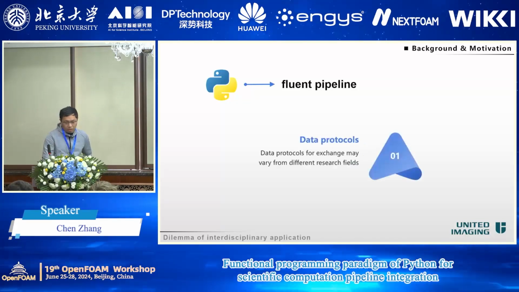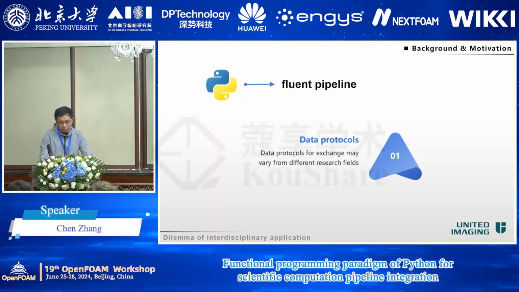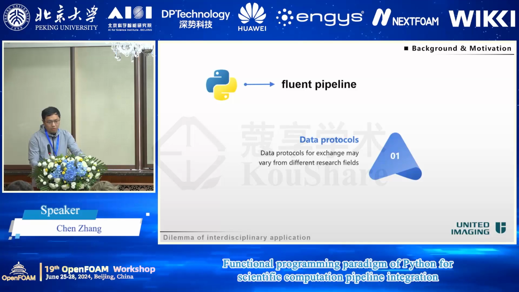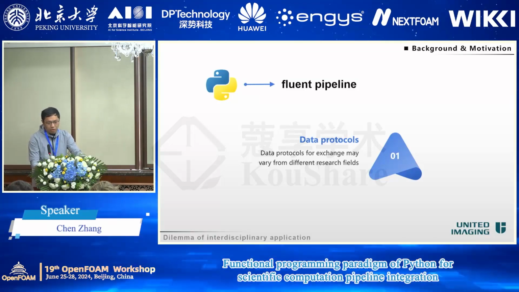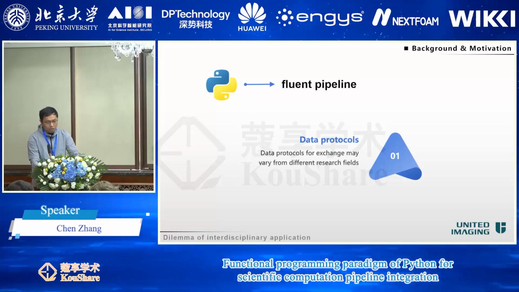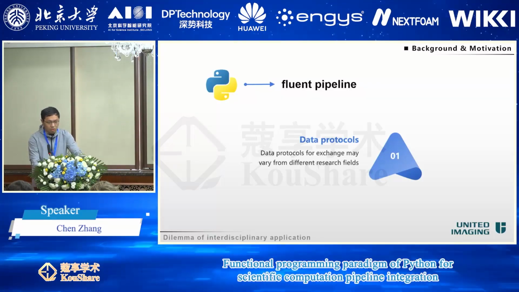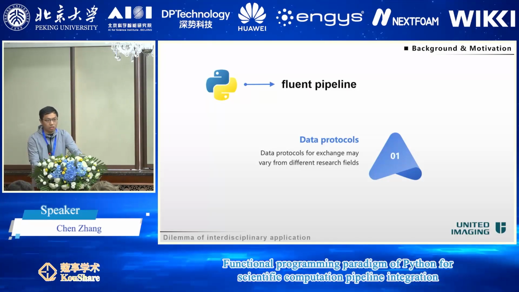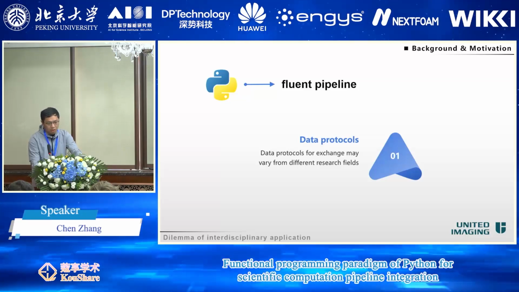The first one is the data protocol, because data expression in different domains has its own form. For example, in structural mechanics, researchers may be concerned with spatial data points and calculate their relationships through things like PDEs.